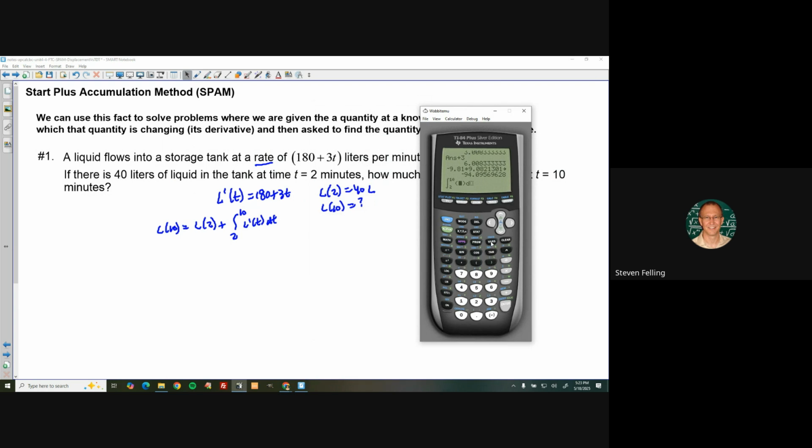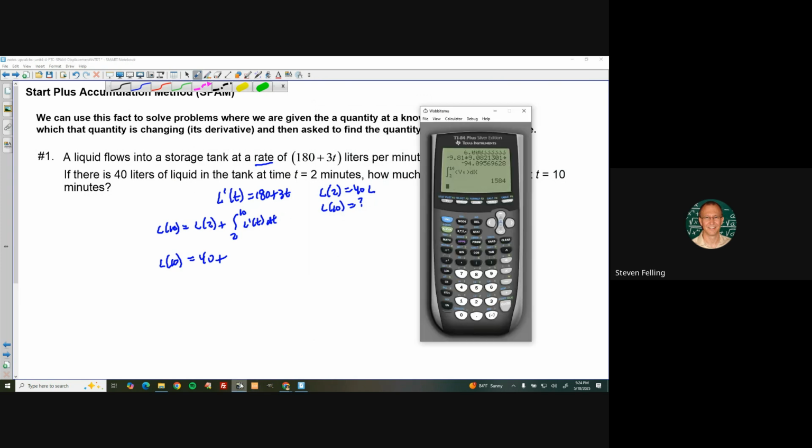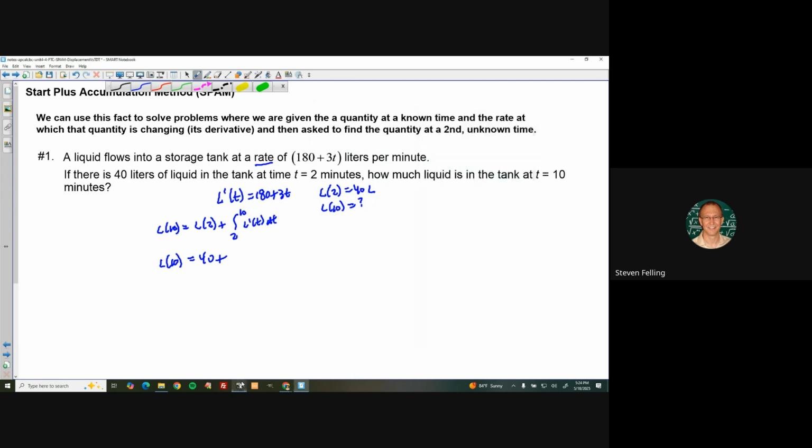So I will get that under variables, y variables. It's a function variable y1, and the variable q is used. So that's this number here. This is 1584. So that means that the amount of liquid at time 10 is equal to the amount of the liquid at time 2, which was 40 liters, plus this accumulation of, what was that number again? 1584.